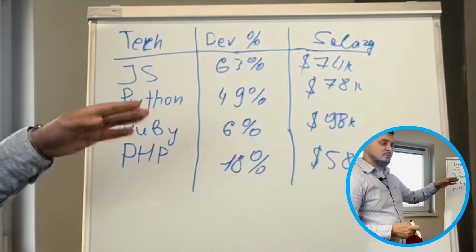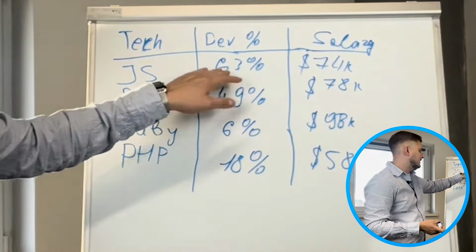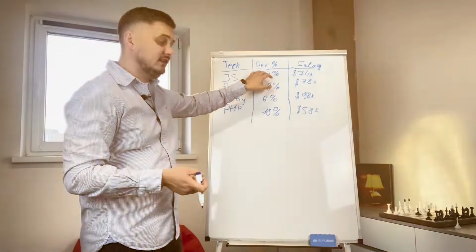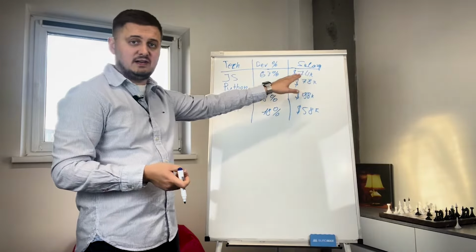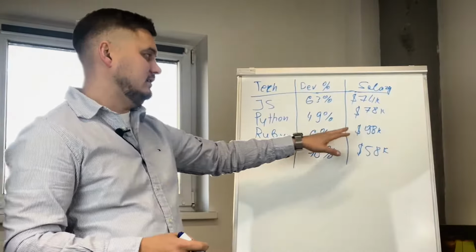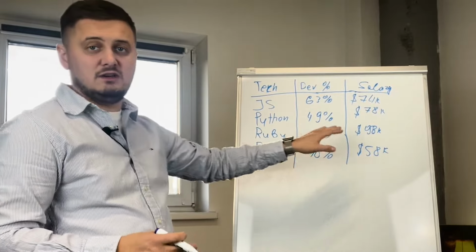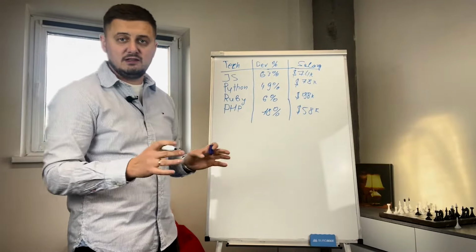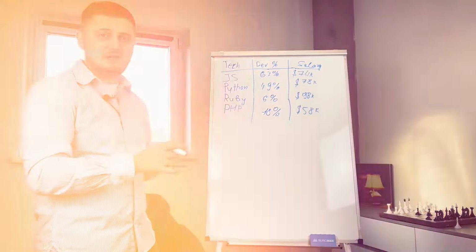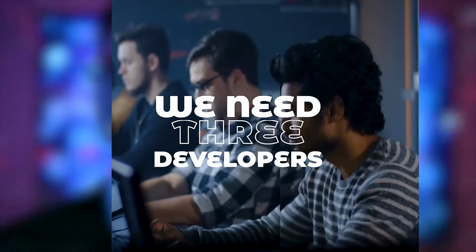So as we were expecting, more or less, right? Where technology is widely used, it's cheaper to actually hire a developer than for something that is less used, right? So 98 and 74 is a big difference here already. Let's then do a little math here, and let's assume that our project is a 6 months project that we need to do, and we need 3 developers to do that project.